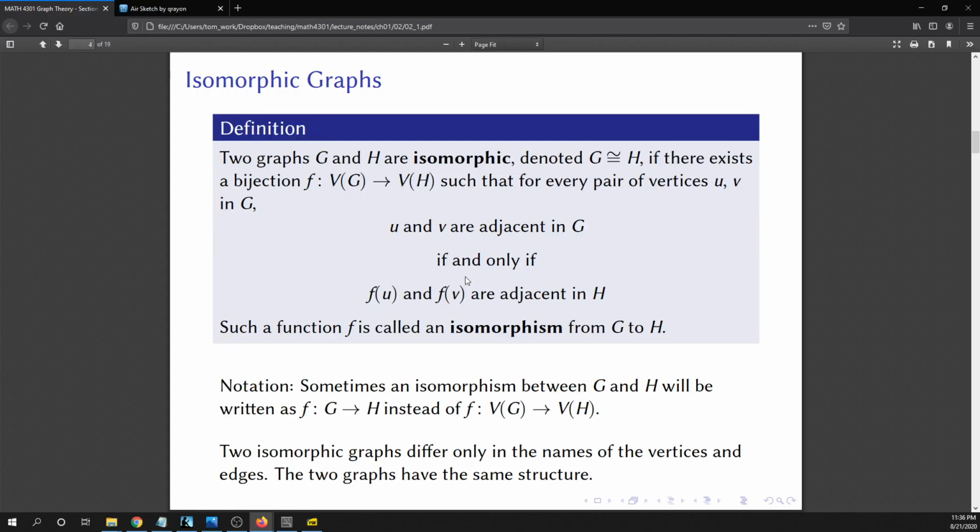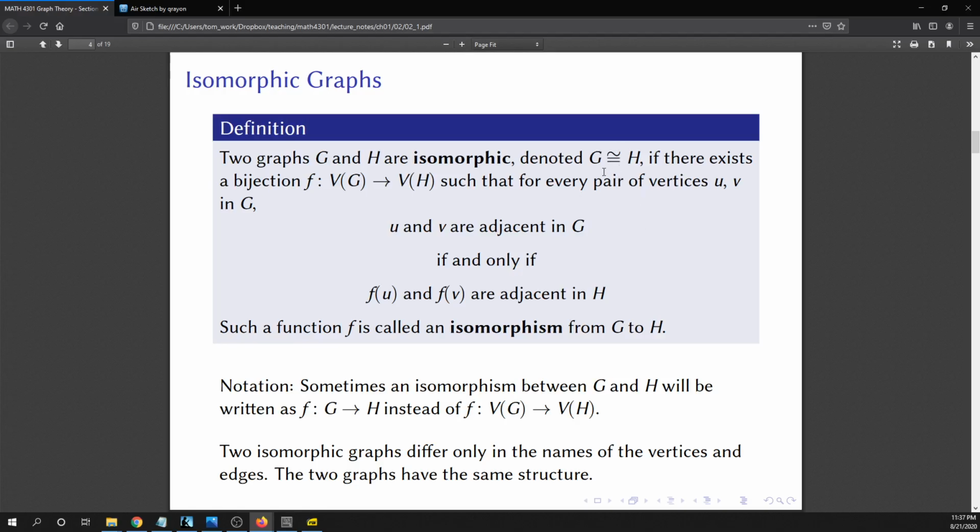Okay, so that leads us to the definition of isomorphic graphs. So we say that two graphs, G and H, are isomorphic, and I'm using this symbol to denote isomorphism. I don't think our book really even uses a symbol, so again, this may be non-standard terminology. But anyway, that's the symbol that we'll use for isomorphism.